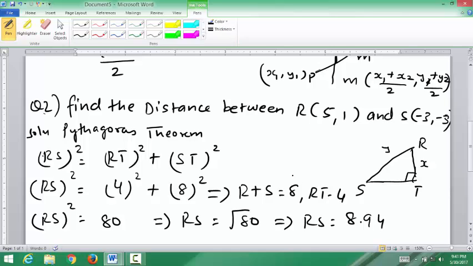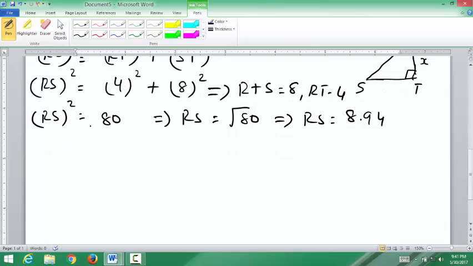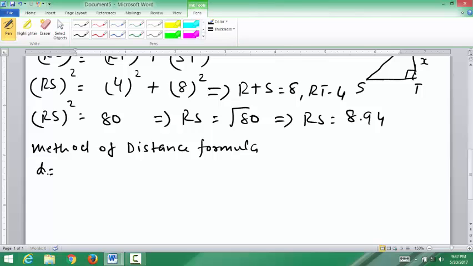Now we'll use the distance formula. D is equal to the square root of (x2 minus x1) square plus (y2 minus y1) square.